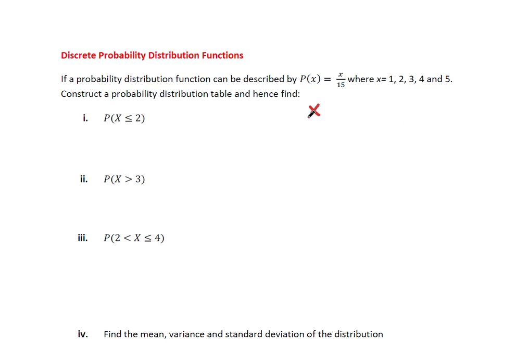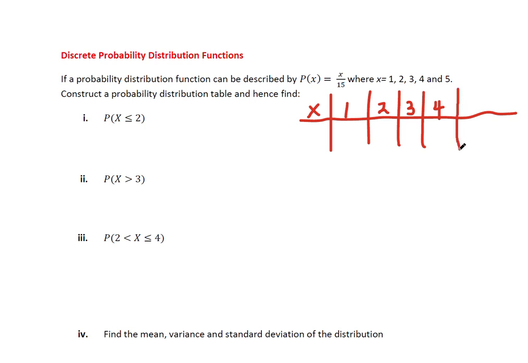To construct my probability distribution table, I'm going to call x the individual outcomes here, which are given, which are 1, 2, 3, 4, and 5.